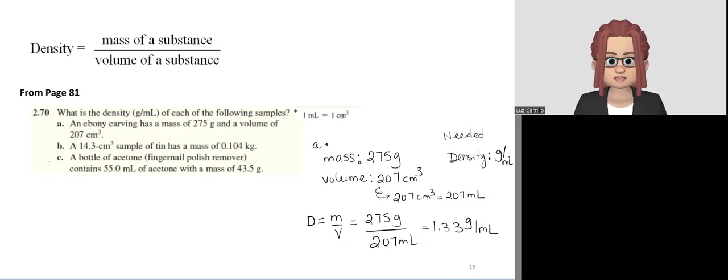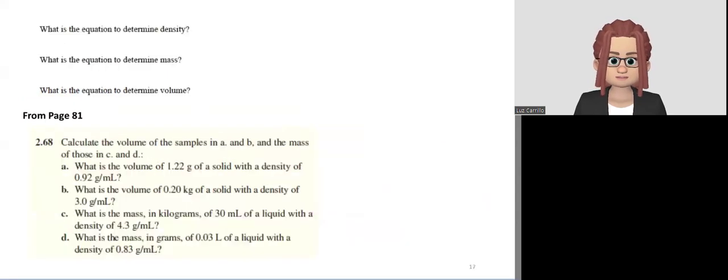Since now we learned how to calculate density, if we're given other parameters within density, we can calculate mass or volume. So let's determine how the equation will look if we're looking at the measurements of mass and density, and we are given the other two parameters within the context of the problem. So the equation for density, I already gave it in the previous slide.